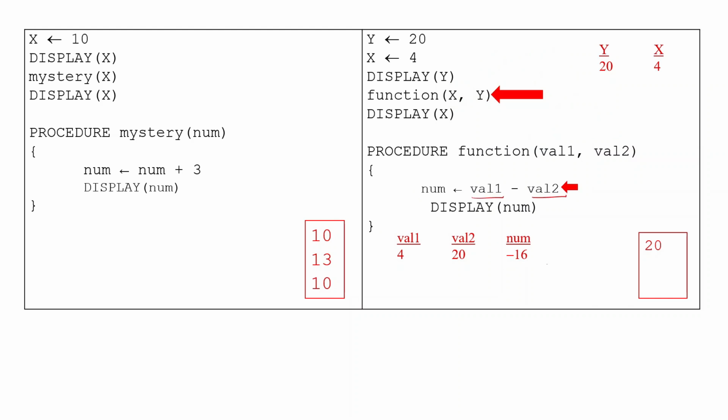When I subtract them, I get negative 16, and that's going to be stored in a new variable called num. And then it says I display num, so I'm going to display negative 16. And then my procedure is over. Once the procedure is over, I come back up to my function. It ran, life is good. So I'm going to move on to the next line of code, which is just to display X, and that is 4.